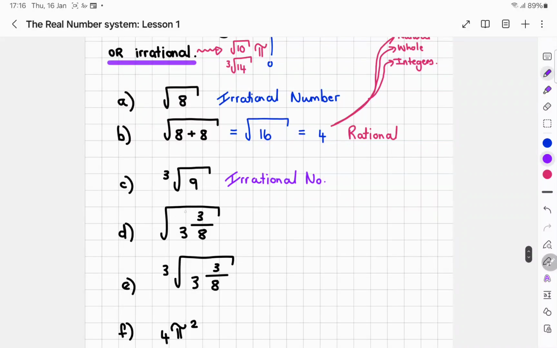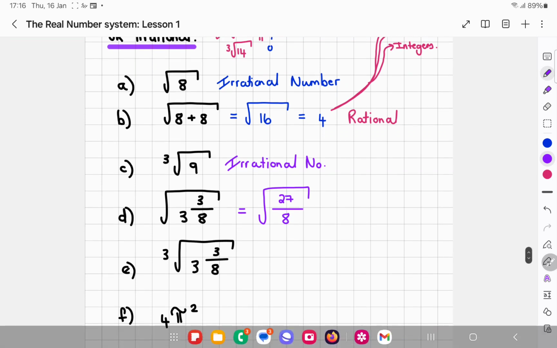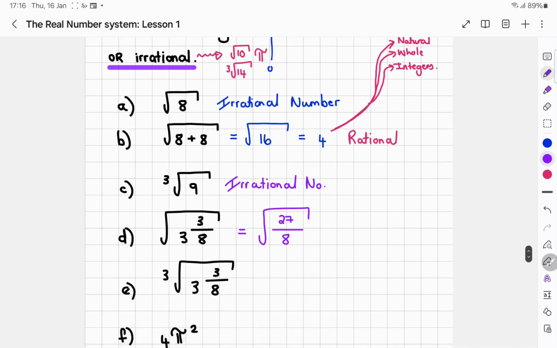Then remember to simplify underneath first. So this is the square root of 3 times 8 plus 3, which gives you 27 over 8. Can I square root 27? Can I square root 8? No. So this is an irrational number.